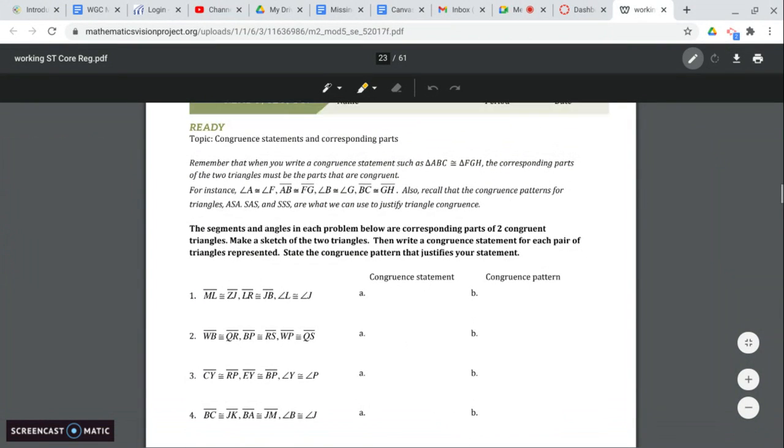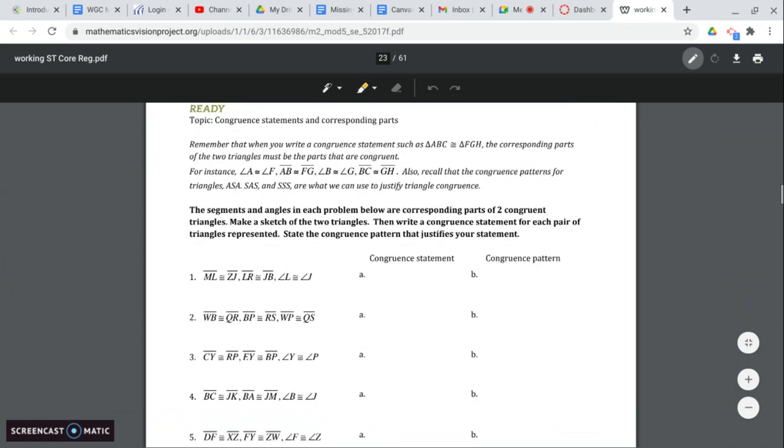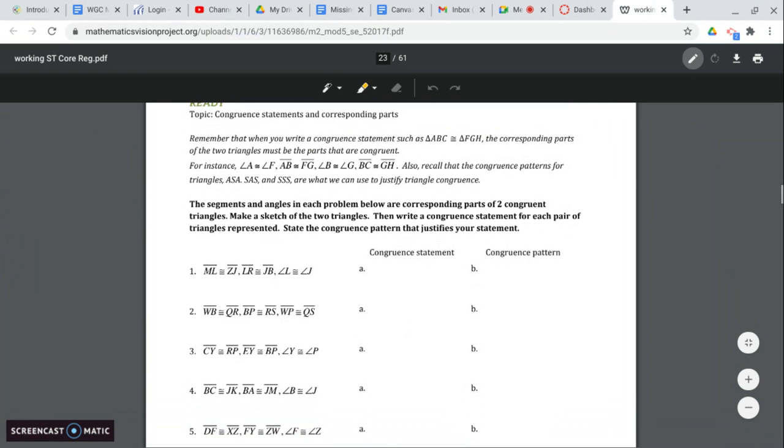So congruent statements and corresponding parts. Remember that when you write a congruent statement, such as triangle ABC is congruent to triangle FGH, the corresponding parts of the two triangles must be the parts that are congruent. For instance, angle A must be congruent to angle F, side AB must be congruent to side FG, angle B must be congruent to angle G, and side BC must be congruent to side GH.